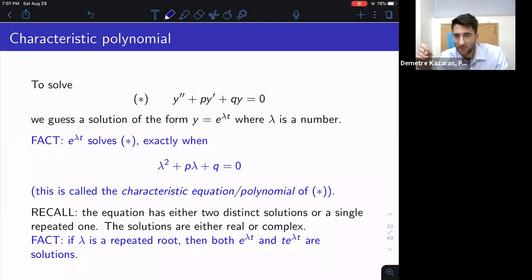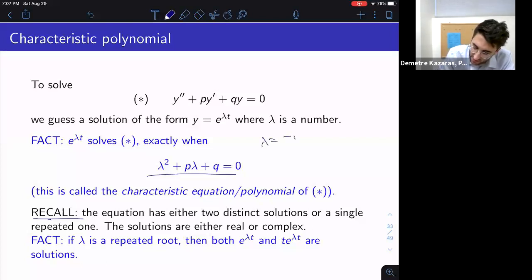They're going to look like e to the lambda t, where lambda solves that equation. Notice that this is a quadratic equation, and quadratic equations have solutions. Just recall the real basic thing, the quadratic formula: minus p plus or minus the square root of p squared minus 4q, over 2.